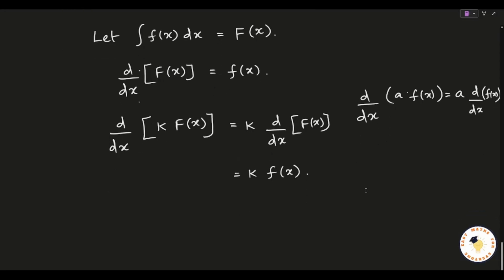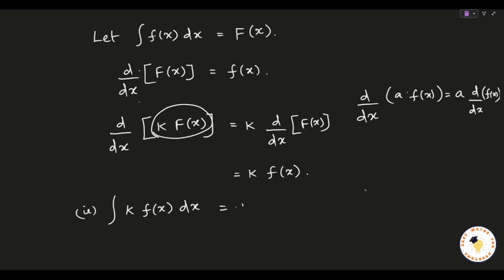And by the definition of integration, since differentiation of k times capital F of x gives you k into f of x, if we integrate this, we will get the function inside. I mean to say integral k times small f of x dx will give me this value.